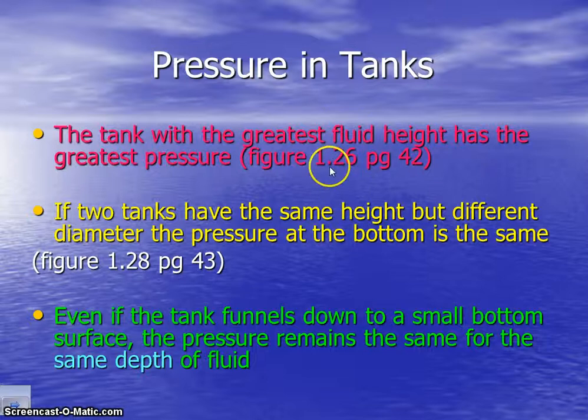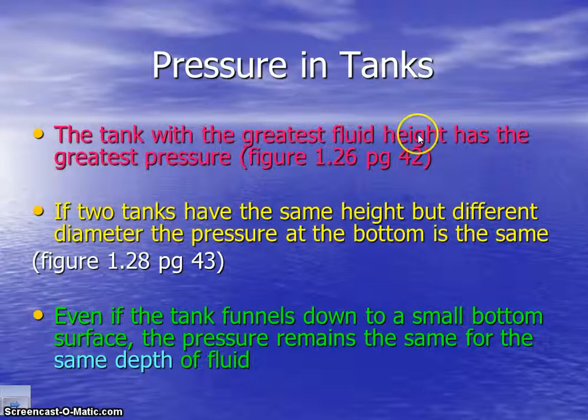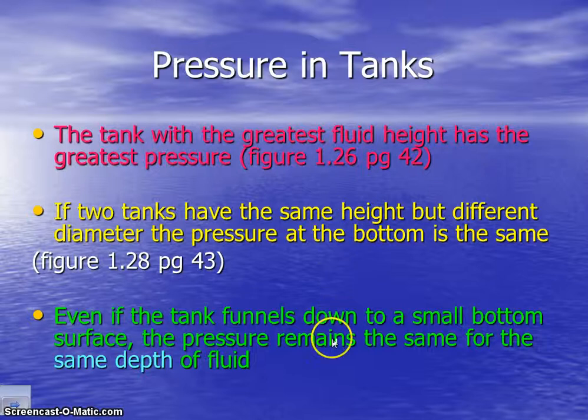Here are a couple of things. If you're comparing water tanks, the tank that has the greatest height has the greatest pressure. If they have the same height but different diameter, they have the same pressure. If the tank funnels down to a bottom surface, the pressure remains the same for the same depth of fluid.